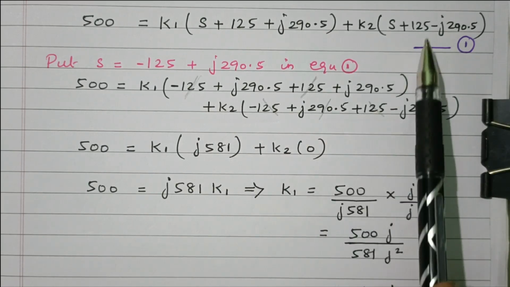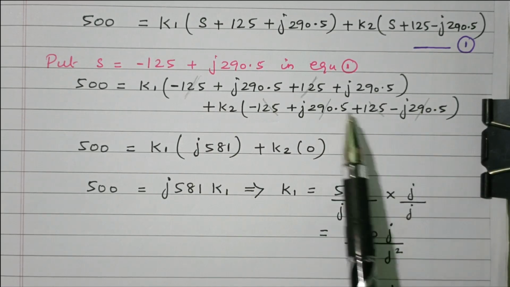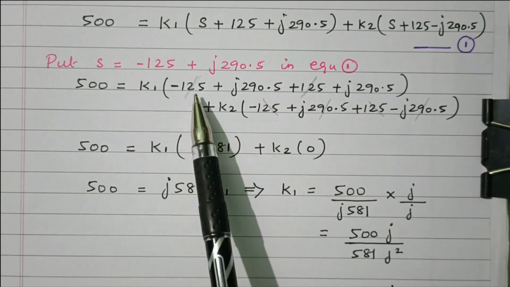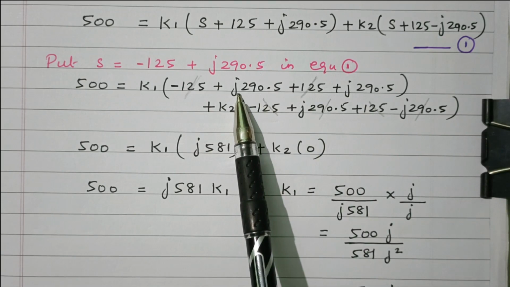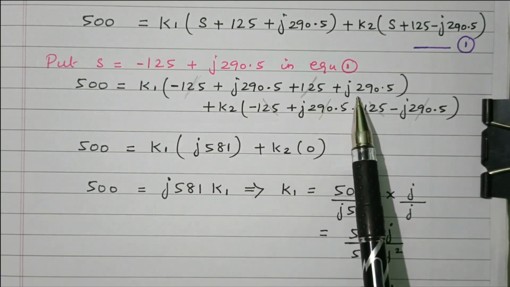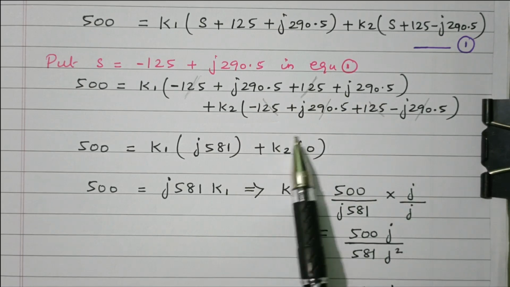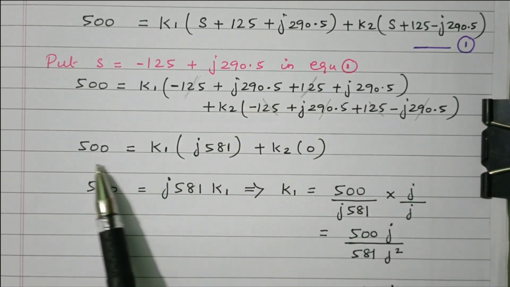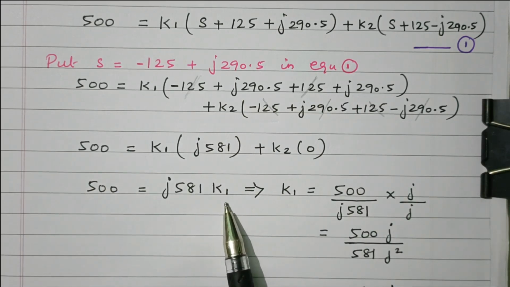But here what is available? Plus 125 minus J 290.5. These two terms got cancelled and these two terms got cancelled. Here also minus 125 plus 125 got cancelled. Only we have J 290.5, here one more J 290.5. Right. So this K2 term is 0. By adding these two we got 581. 500 equal to J 581 K1.